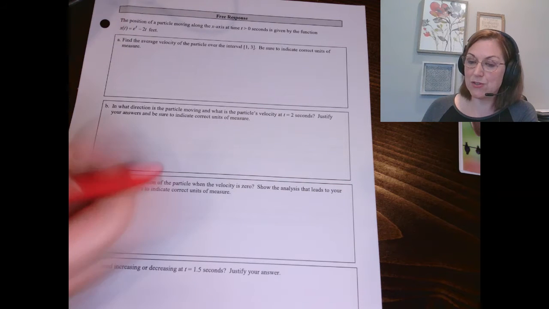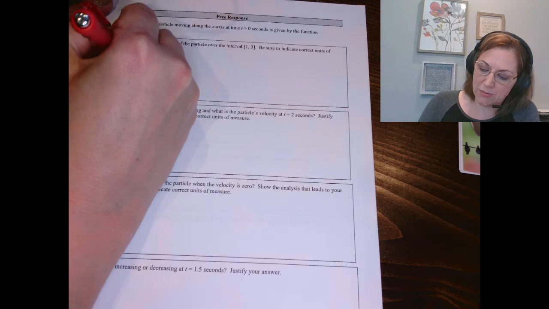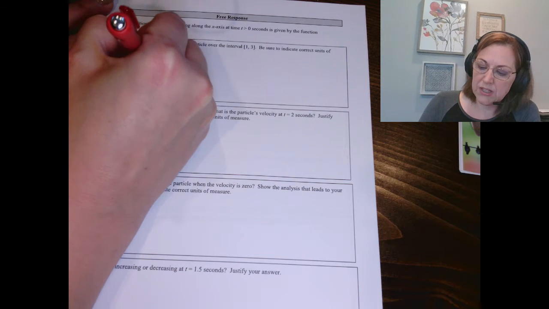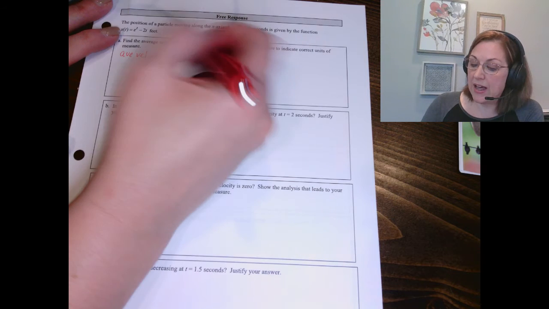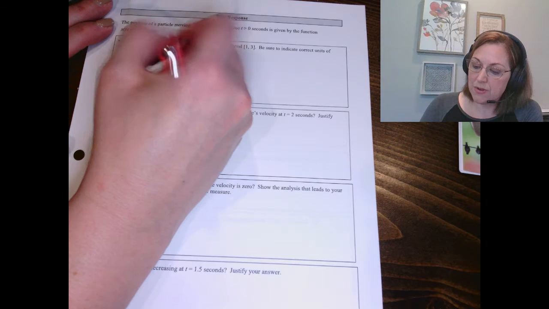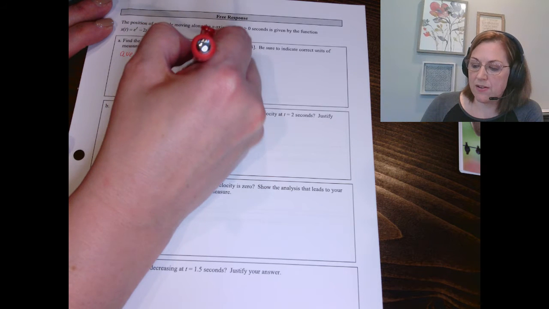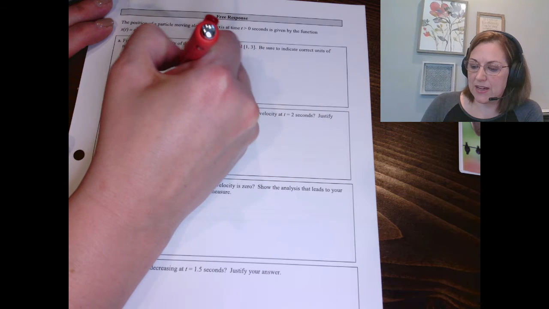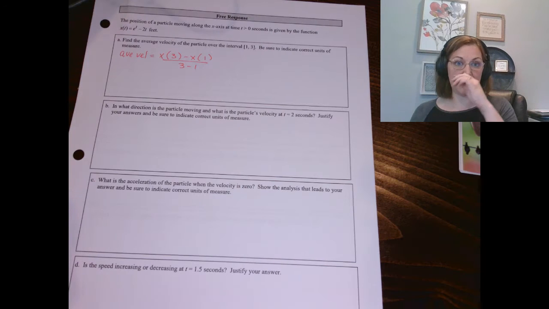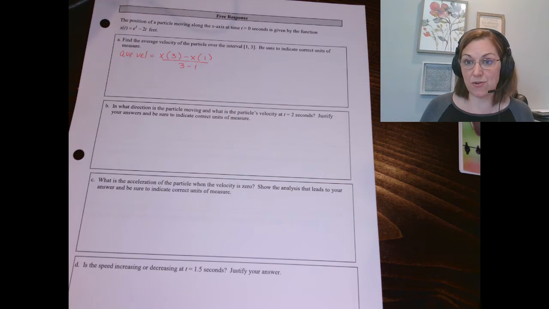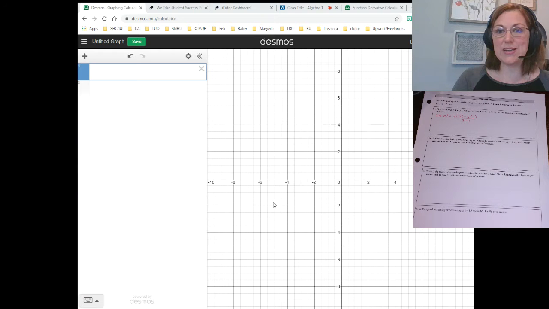So remember, average velocity is the slope, the algebra way. So you're going to be using y2 minus y1 over x2 minus x1. Now, this problem you can use your calculator on. So I'm going to switch our mode over to Desmos so you can see that.